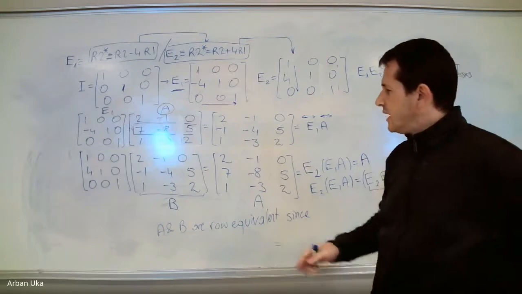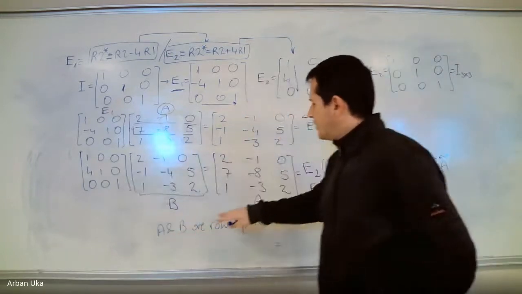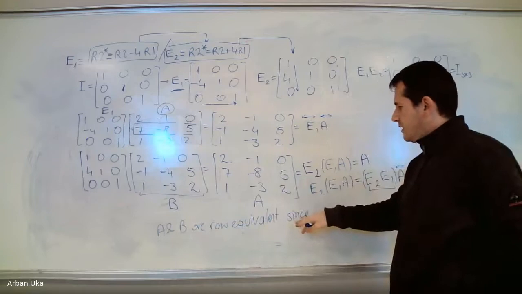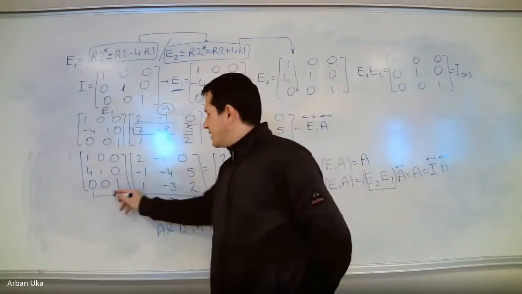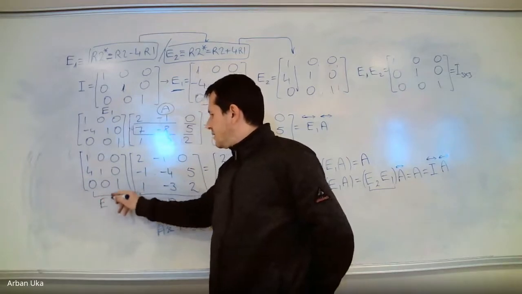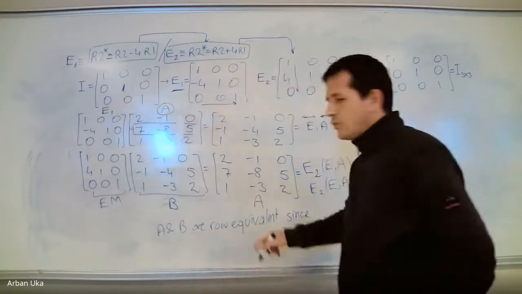So if there are elementary matrices like these, which can be obtained by multiplying an elementary matrix EM, then we call these row equivalent.